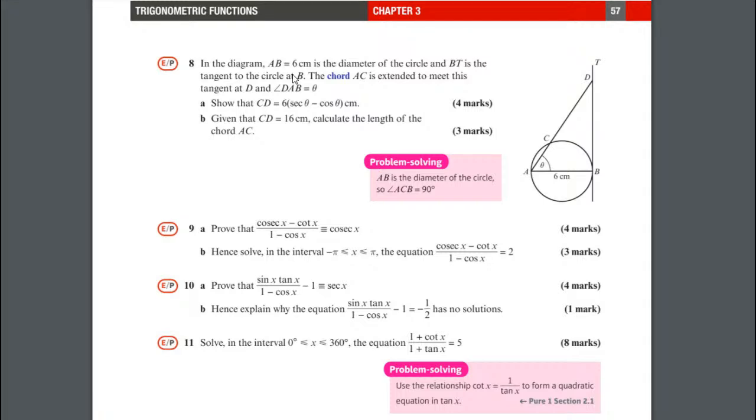So the first requirement: in the diagram, AB is the diameter and chord AC is extended to D. Show that CD is equal to 6 sec theta minus cos theta.